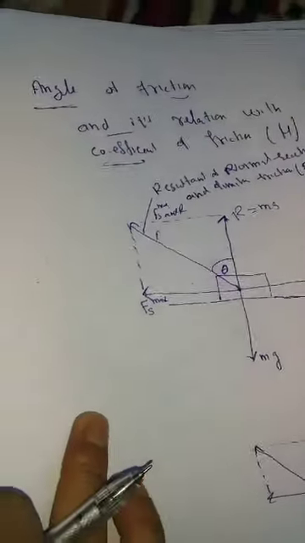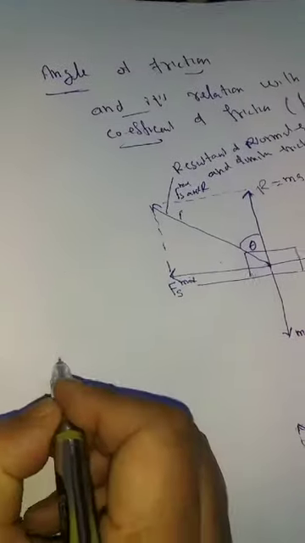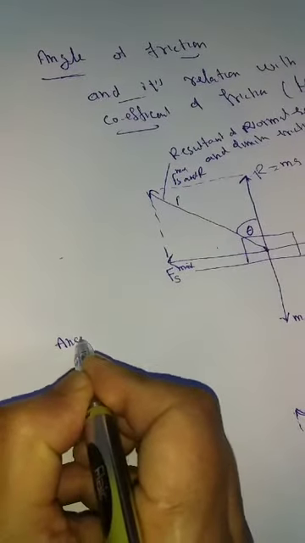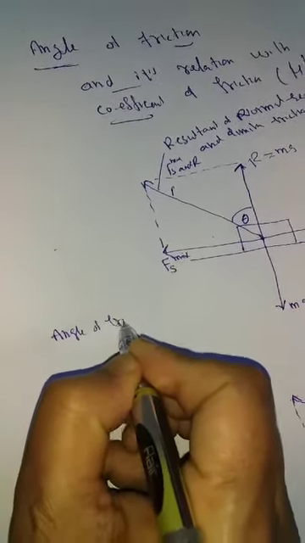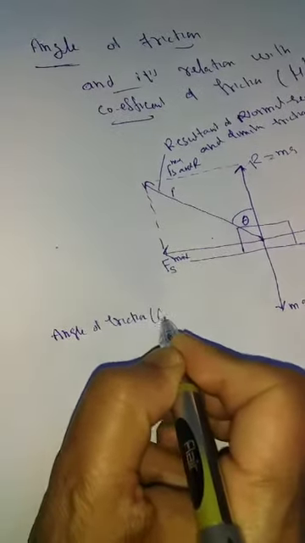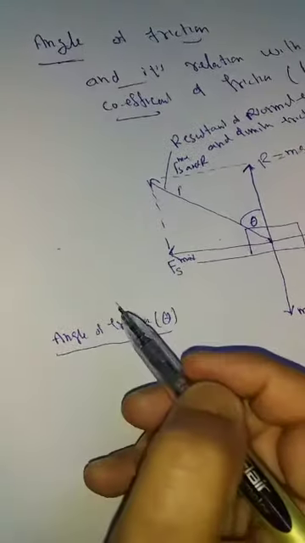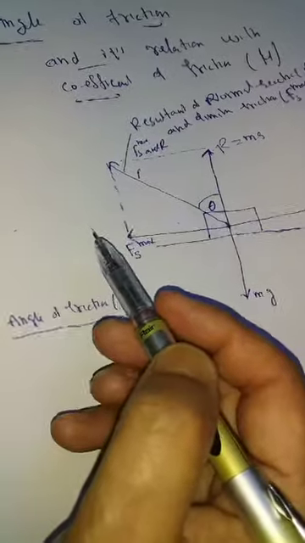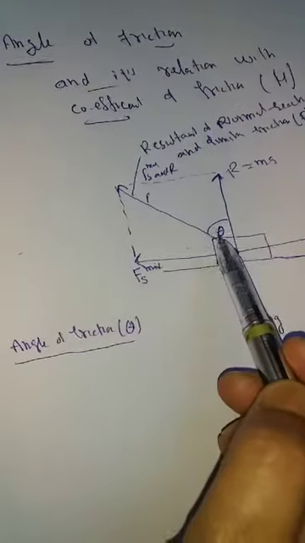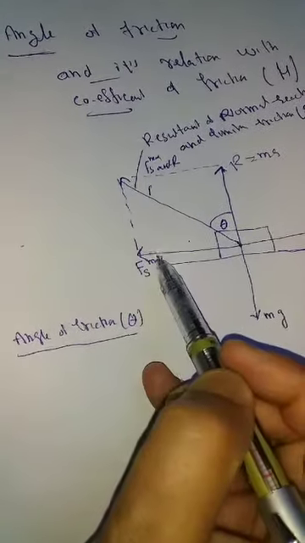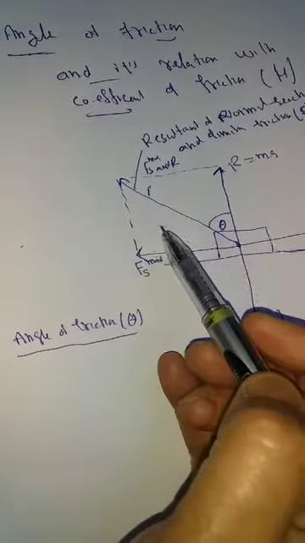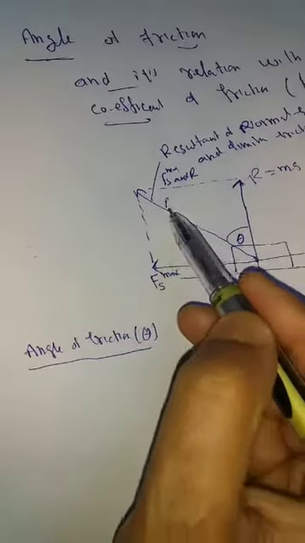Now we have to define the angle of friction. Suppose it is denoted by theta. The angle of friction may be defined as the angle which the resultant of limiting friction and normal reaction makes. What is the resultant of this and this?